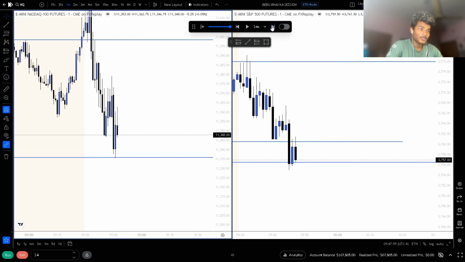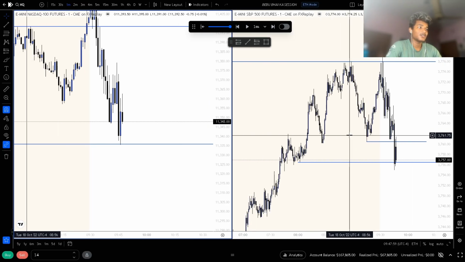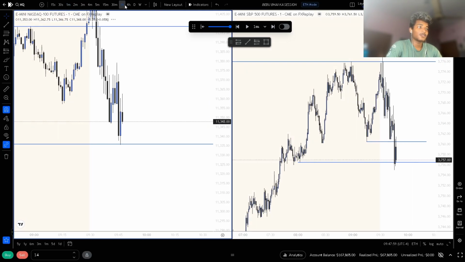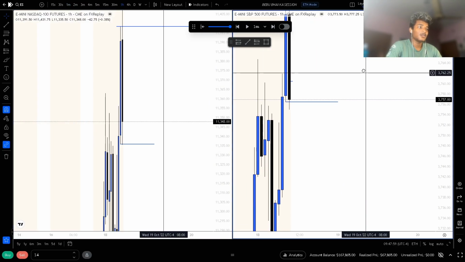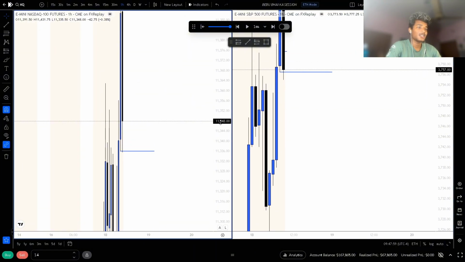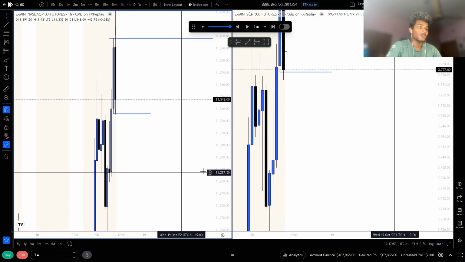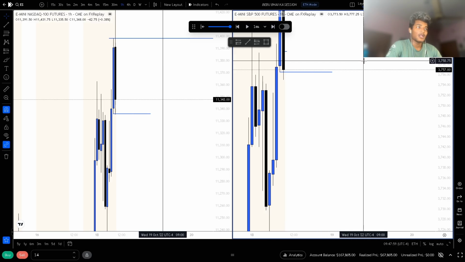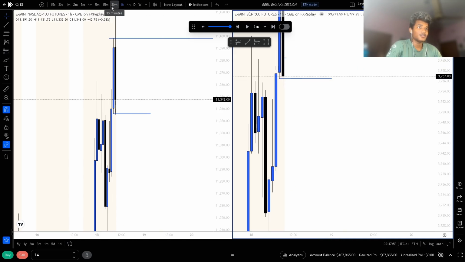So we tapped the hourly gap, you can see, and we tapped it on ES as well. We still have this one below us, but I don't care about that.